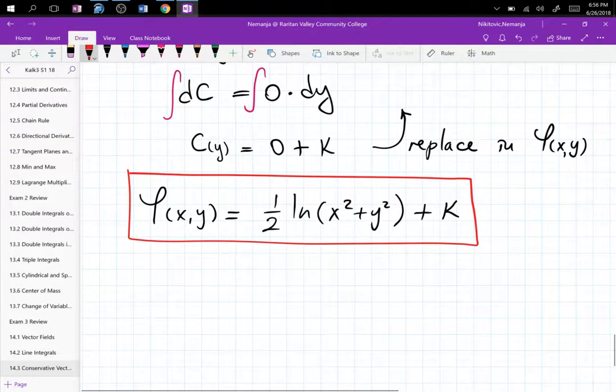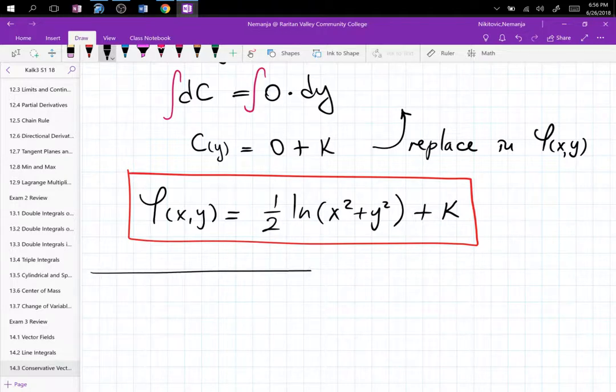It's time for us to do this in R3. This is a quick problem. Problem 22.